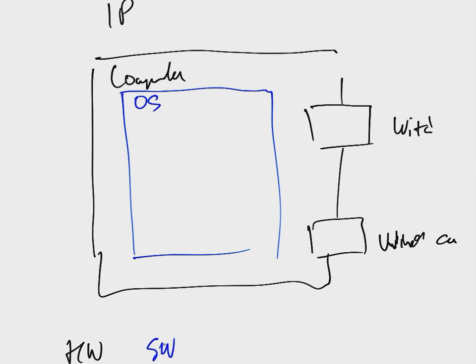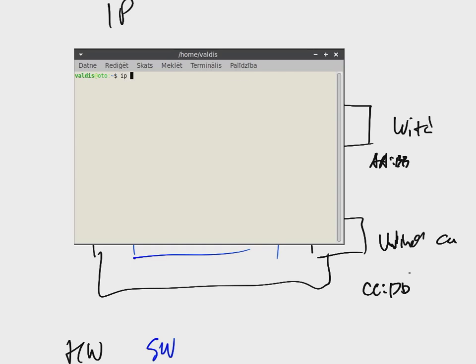So this is software. And each of these devices, if these are Ethernet-like devices, and both of these are Ethernet-like devices, they have their MAC address. And let's say this has MAC address AABB, and this has a MAC address, let's say, CCDD. In practice, this will look like the following.